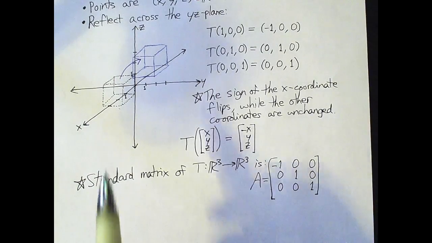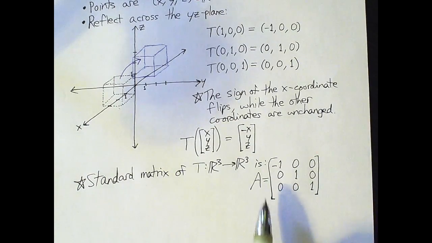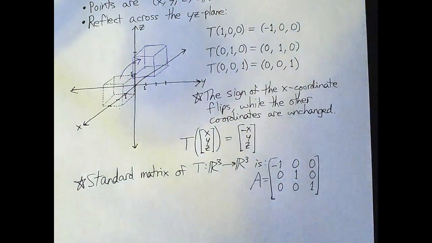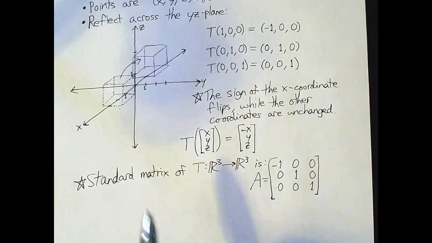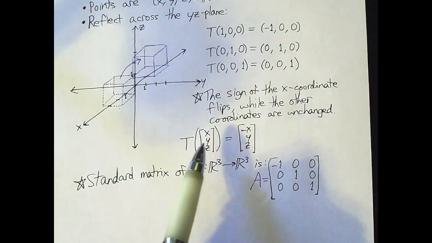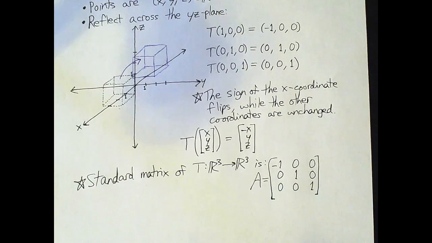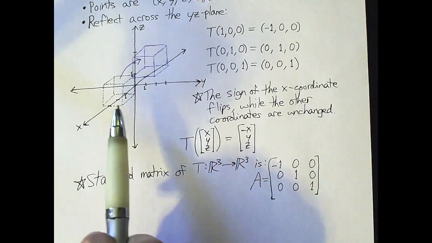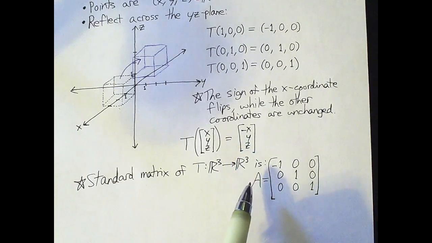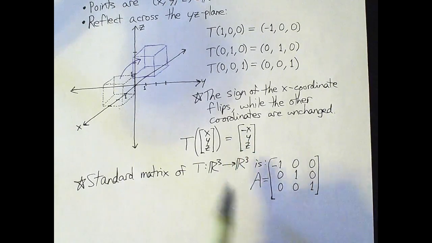All right, and if you were reflecting in a different direction, then you would have a minus sign in a different spot. So yeah, you can reflect a point by multiplying this matrix times that point. And if you have an object, you could just treat it as a set of points and multiply each of them, A times your vector, and it will reflect your object.